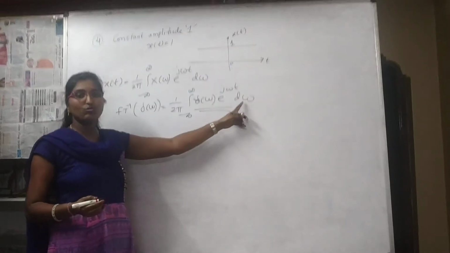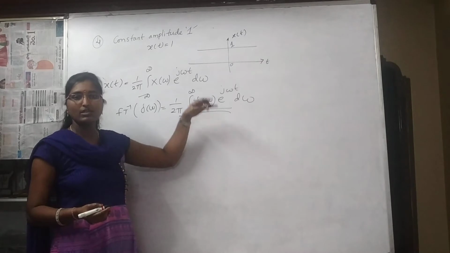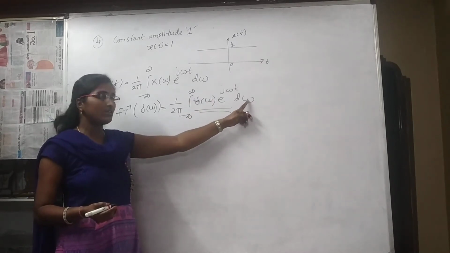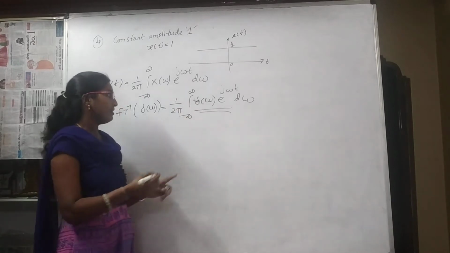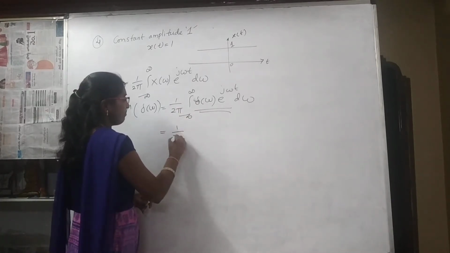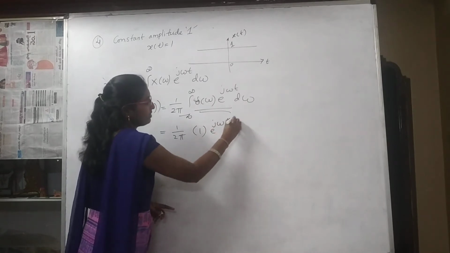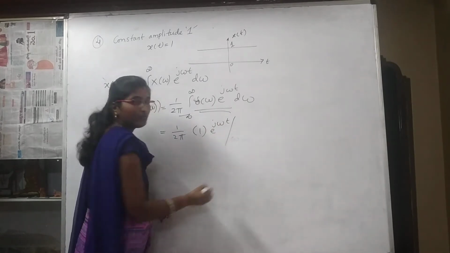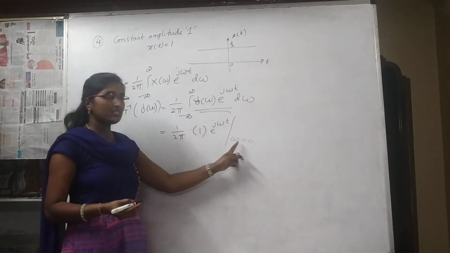For the various omega range, this integration must be evaluated, and the function is del only. Then the integration value will be 1 at where e power j omega t, at omega equal to 0. Del of omega is a unit impulse that exists at omega equal to 0.